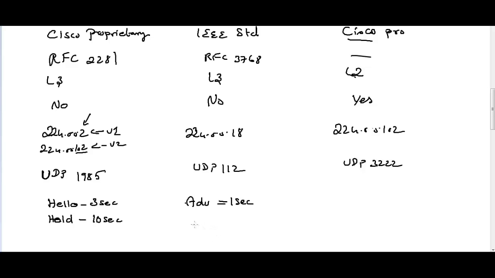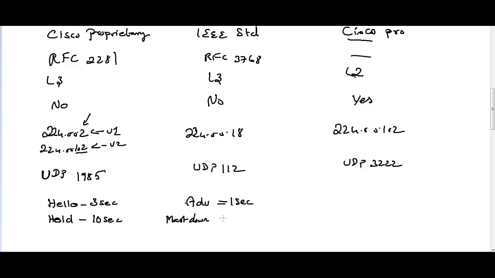And there is also another timer called master down time, same like hold time. The master will be decided to have gone down, and the backup device will become master, once the master down time is crossed.